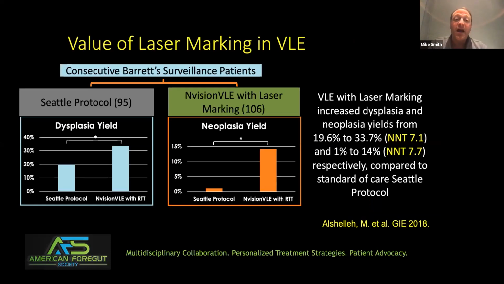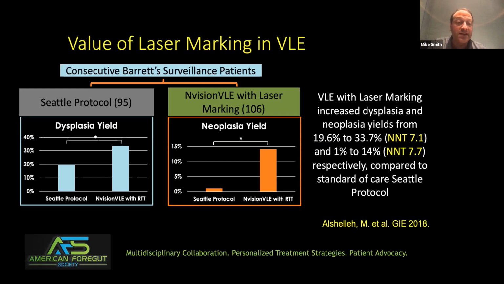And in fact, the addition of the laser marking was studied by Arvind Trindad and his group, looking at adding the laser marking to the Seattle protocol in 2 cohorts of consecutive patients.